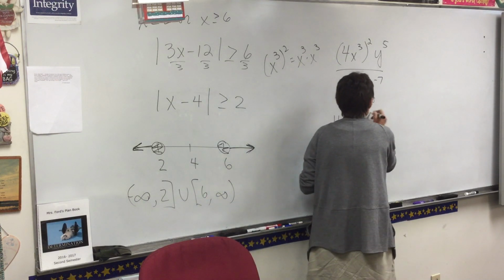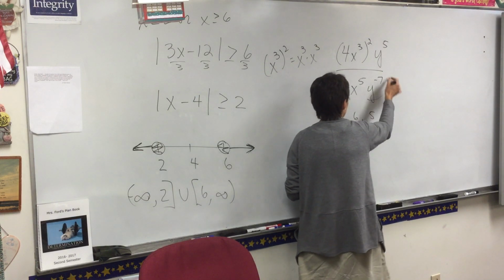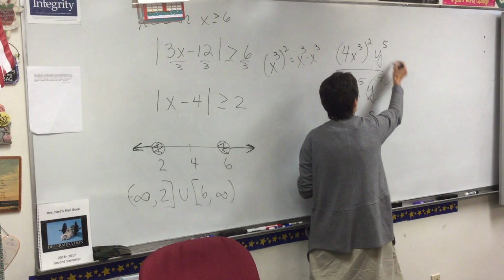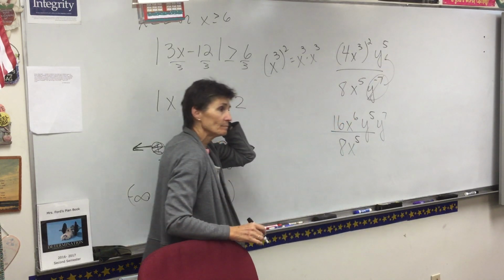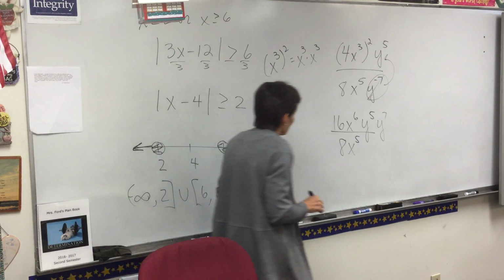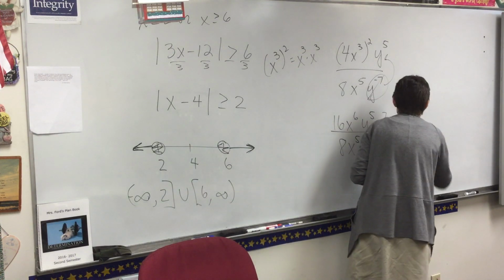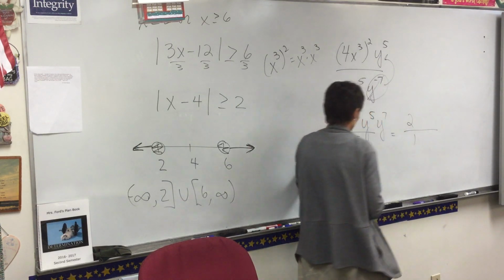Y to the 5th. 8x to the 5th. And what about this guy? He goes up, so we actually have a y to the 7th up there on top. So what happens now? Well, that becomes 2 over 1, right?